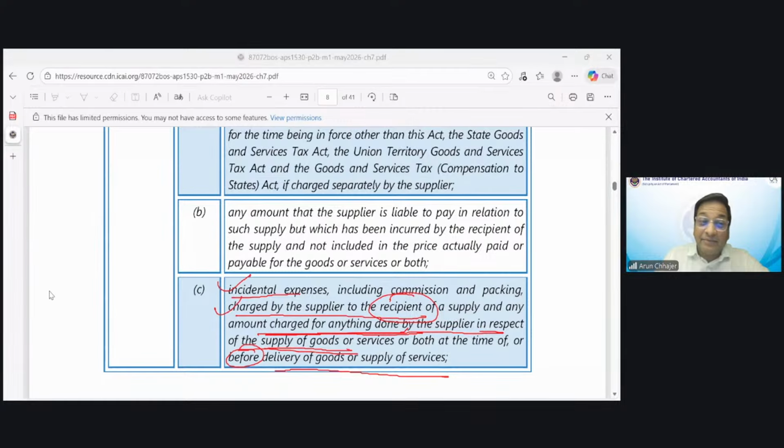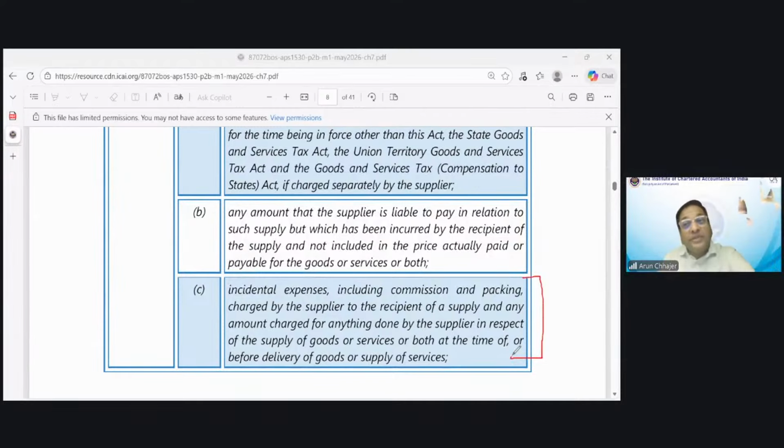सप्लाई से रिलेटेड मतलब नहीं है, नहीं नहीं, इसका मतलब ये हुआ कि ये वाले खर्चे कर रहा है. Any amount charged for anything done, सप्लाई से रिलेटेड है या नहीं, doesn't matter at all. We need to say, reasoning में अगर आप ये लिखोगे तो incorrect हो जाएगा.